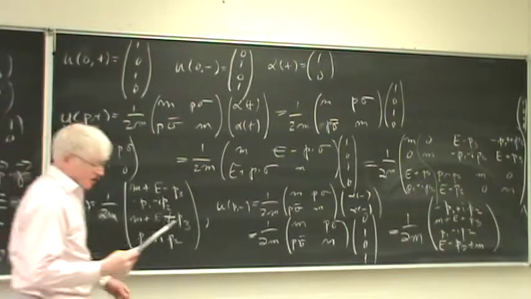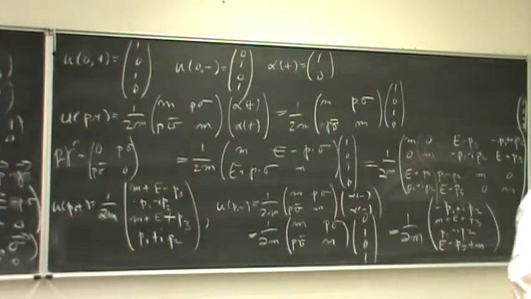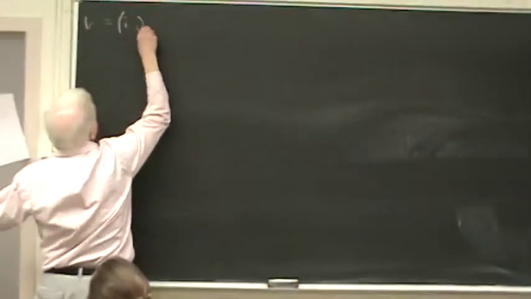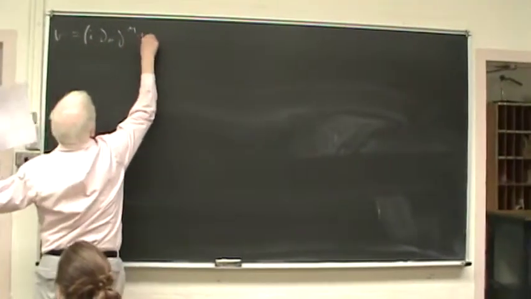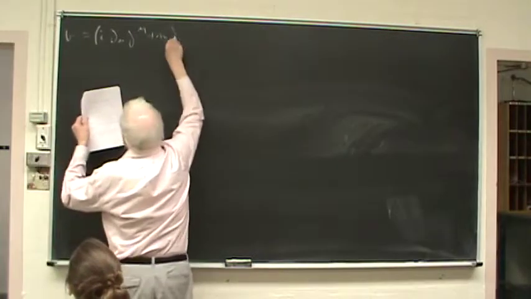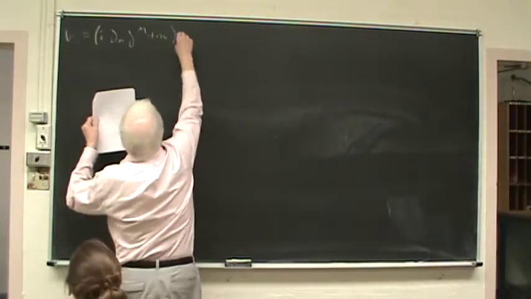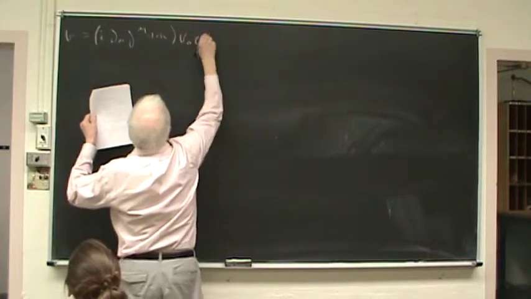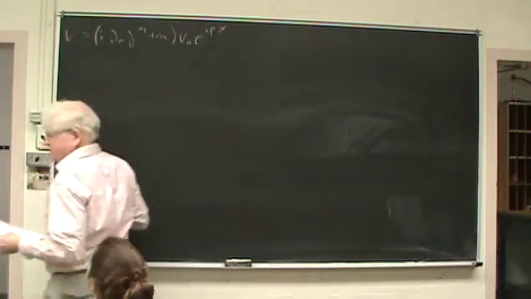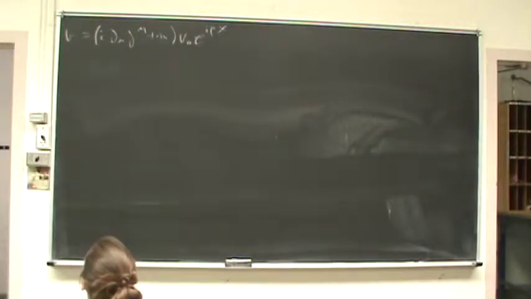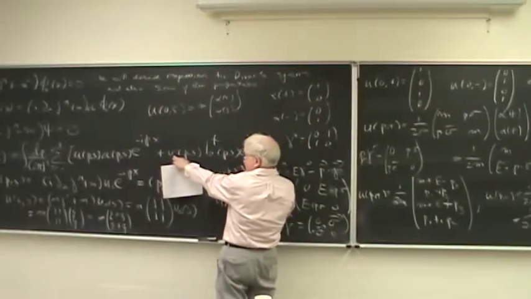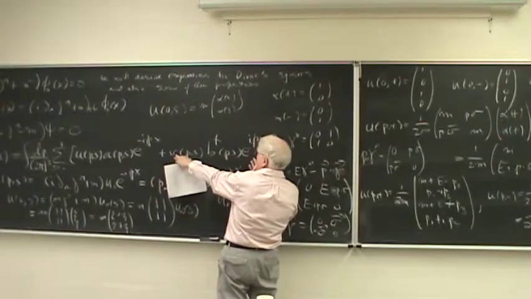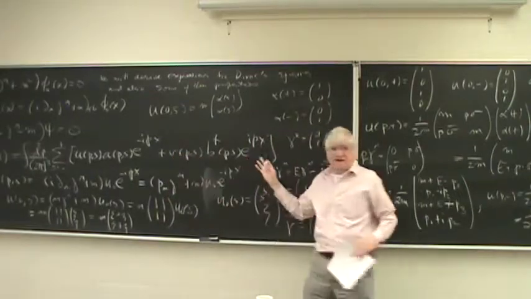For the antiparticles, what we have is, we're going to say it's i d mu gamma mu plus m on some v0 e to the ipx, and it's e to the ipx because we're talking about this term, and the spin of the antiparticle is multiplied by e to the ipx.